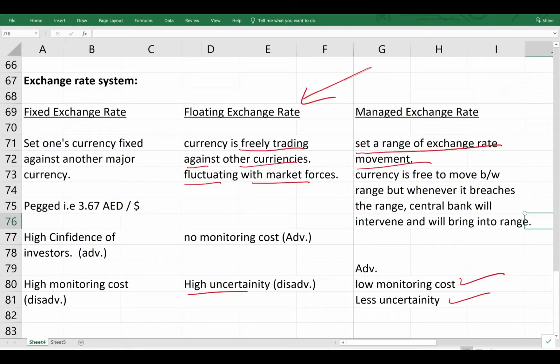The managed exchange rate is called a dirty float because you just try to manage it. The floating exchange system is called a clean float. Maybe he will ask you in the exam in multiple choice: clean float, and this is the dirty float.